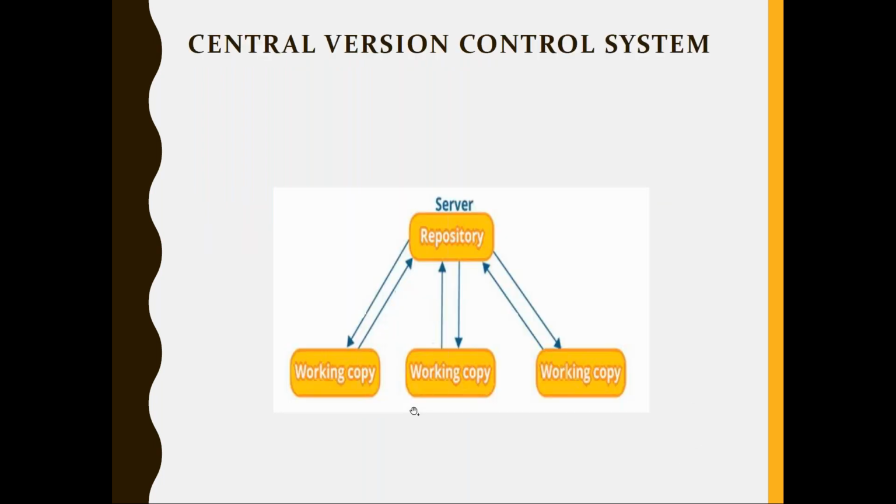Coming to the centralized version control system, you can see the diagram, right? Like I said, depending on the architecture, they were categorized. As per the diagram, you can see there is one central server, you may call it a central server or a remote server, where all the code base is kept, right?